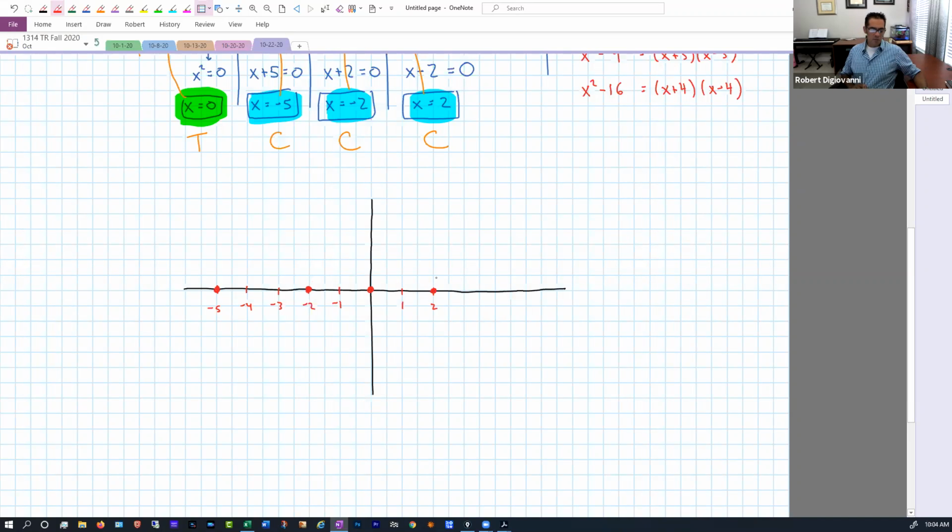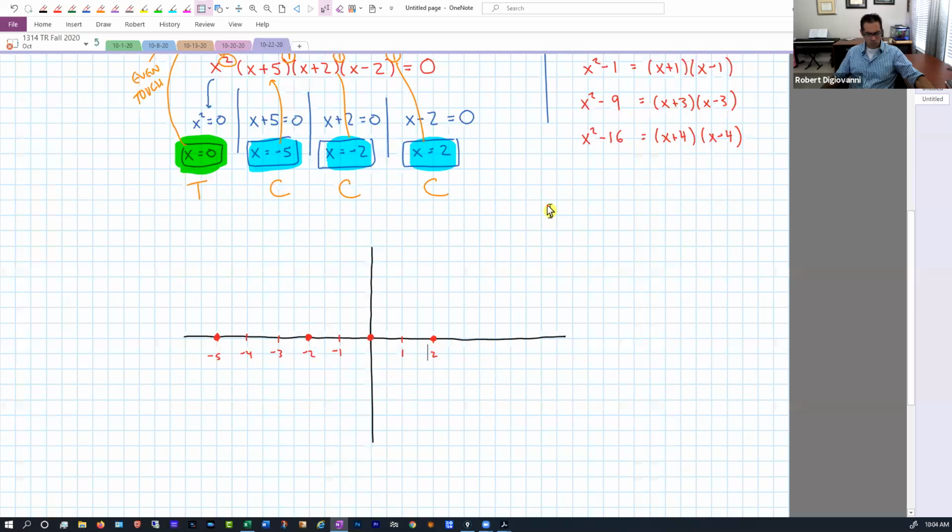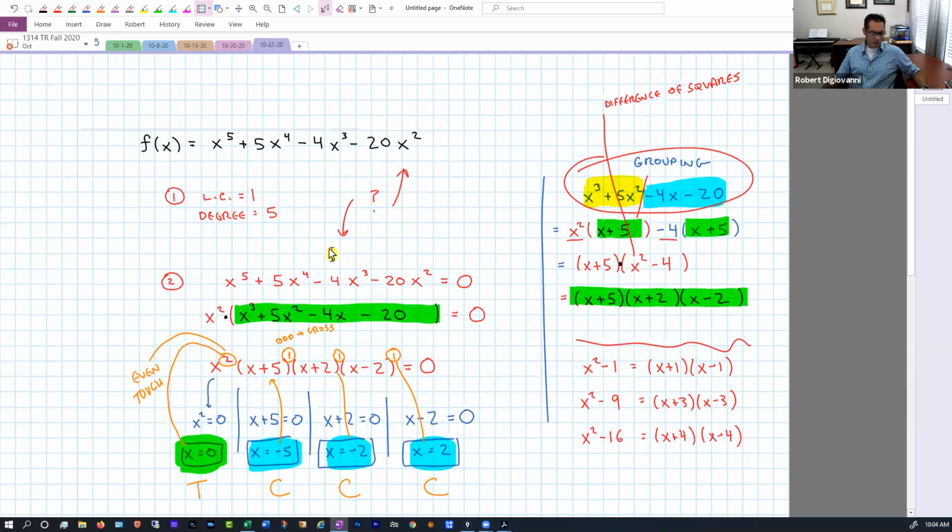All right. Now, what would you do next, Abby? After you've got the dots down? The end behaviors, which for us was down and then up.